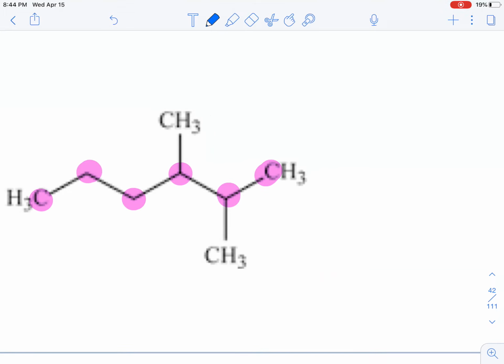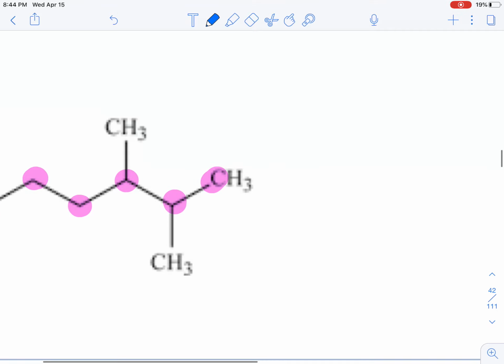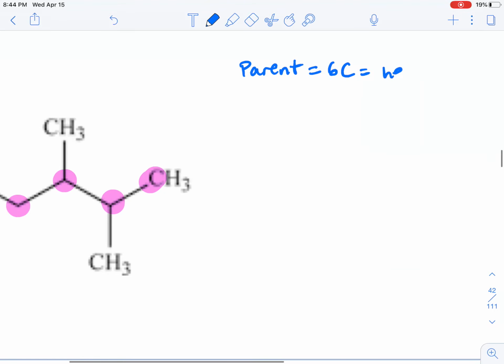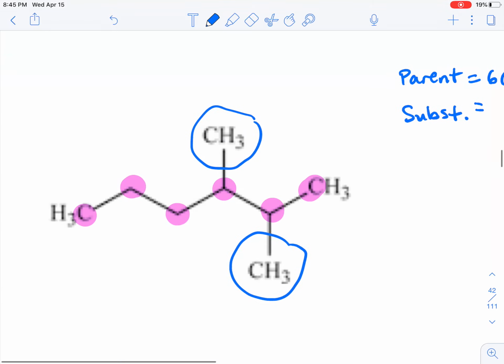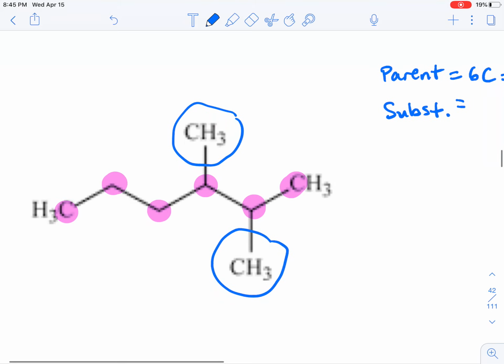And so if I have a 6 carbon parent chain, then that's going to give me hexane. Now I just need to figure out my substituents. Well, it looks like I have 2. I have 1 and I have 2 that I didn't highlight in pink.